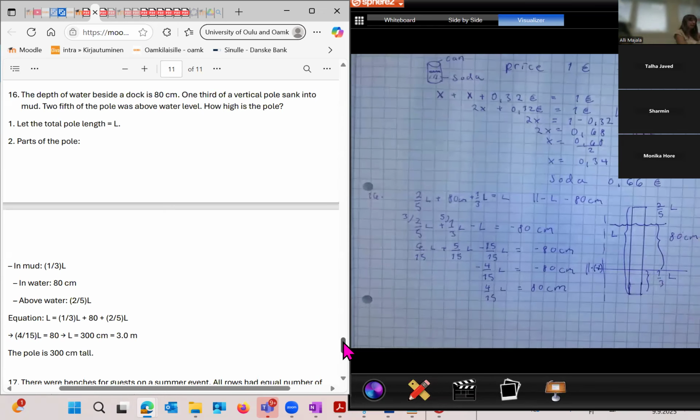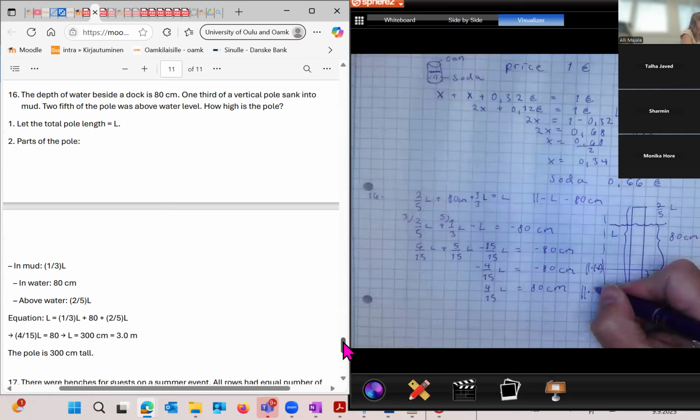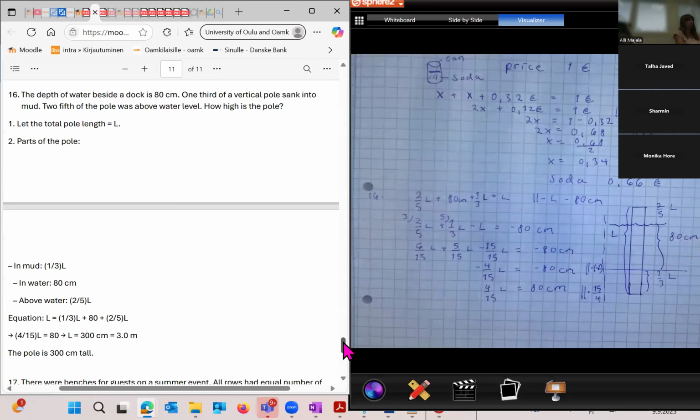And then for example, I multiply it with the reciprocal. But you don't have to think it that complicated way at all. But you can if you want to. Of course, I'm multiplying with the reciprocal.